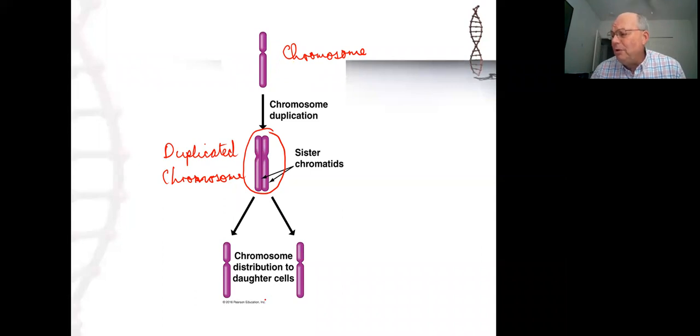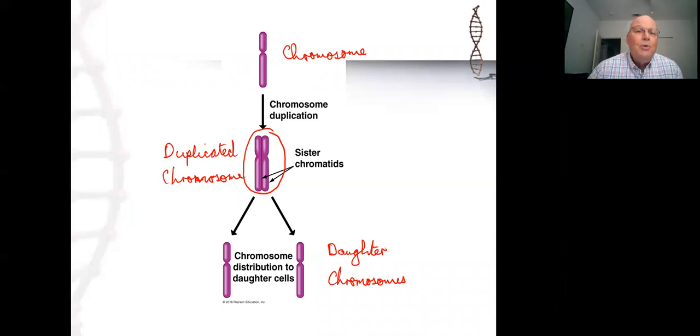Then once the two sister chromatids separate, these now become daughter chromosomes. So once the sister chromatids separate, which they will do during the division process, we refer to them as daughter chromosomes.